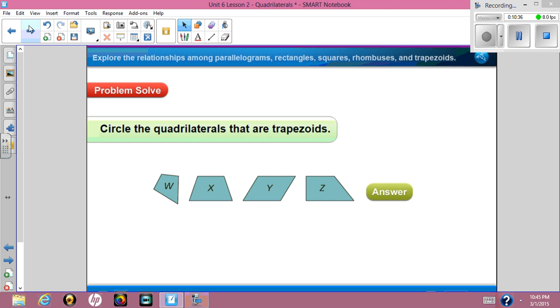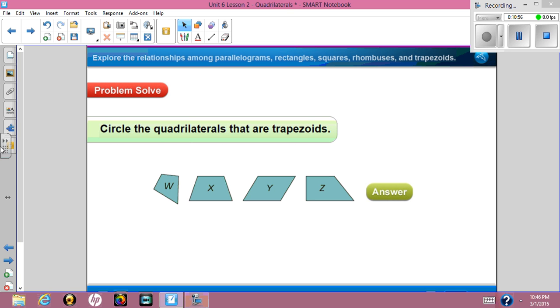Now let's look at these four quadrilaterals, and we are supposed to identify which ones are trapezoids. Now if you recall, a trapezoid has exactly one pair of parallel lines. Let's look at this.